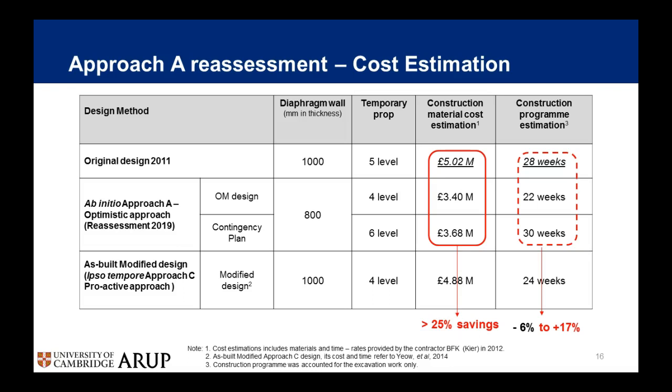So as we know from the case history briefing, the as-built modified design, the approach C design, managed to save about 14% of the total construction cost. But if we are able to adopt the ab initio approach A design, it will provide us more than 25% saving in the construction material, and potentially it can also achieve some saving in the construction time.